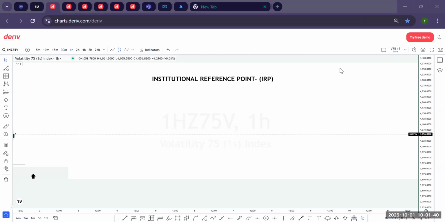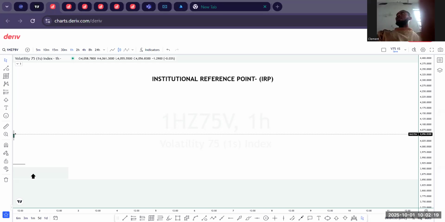So, Mr. Abraham, what's your point of view regarding these institutional reference points? Like, what do you know about these? What can you say about the institutional reference point? Let me see if you have an idea already. It's not here. Mr. Clement, are you with us? Yes, I'm here. Okay. What can you say about the institutional reference points?